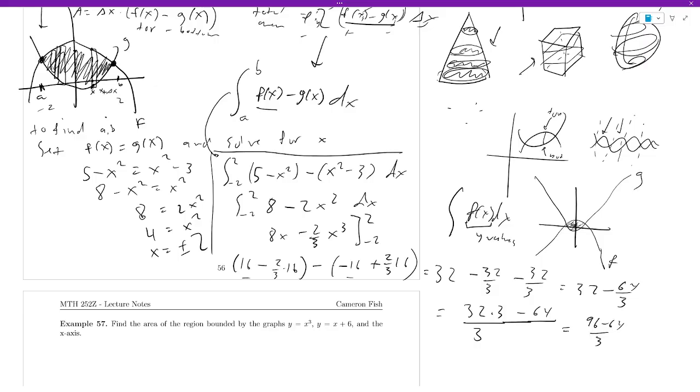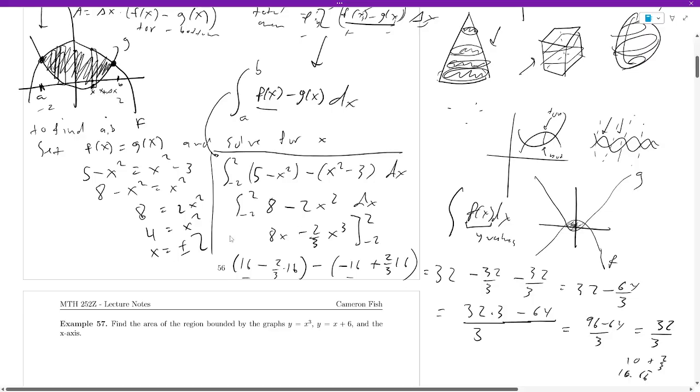I think it's 22. No, 32. Yeah, 32 over 3. So you get 10 and 2/3, 10.66 if you like. Okay, so we can get the area between the curves, and you can even get the number if you combine fractions.